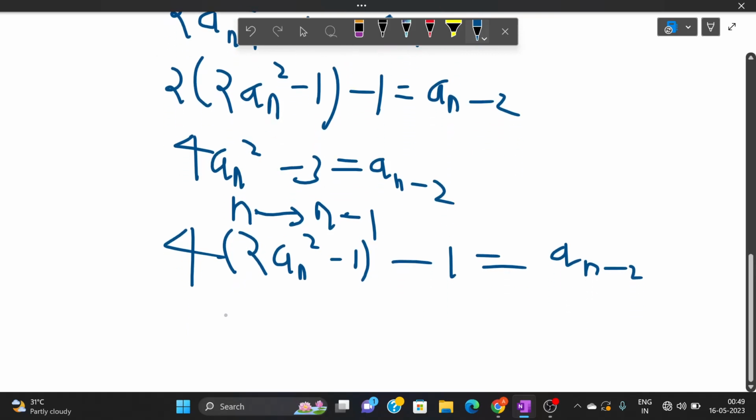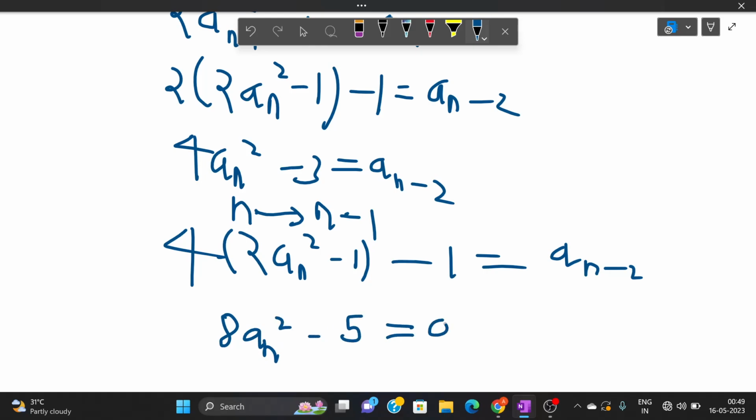So here we get 8 a n square minus 7 is equal to a n minus 3. Sorry, we have substituted n as n minus 1 again, so this becomes a of n minus 3.